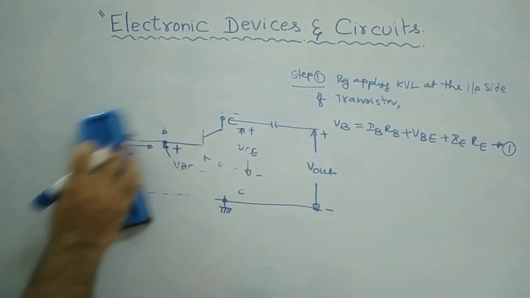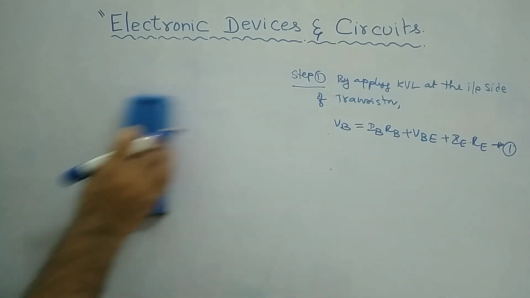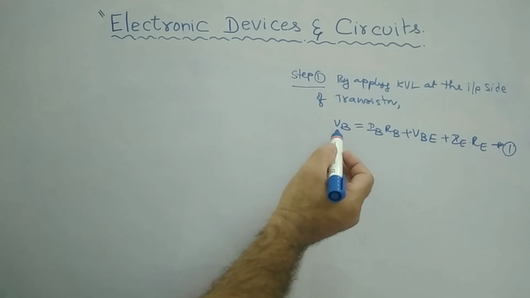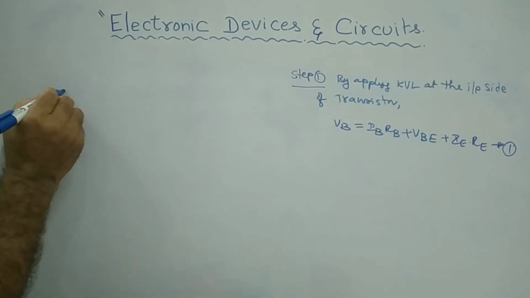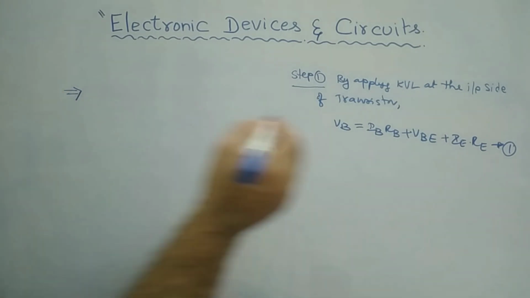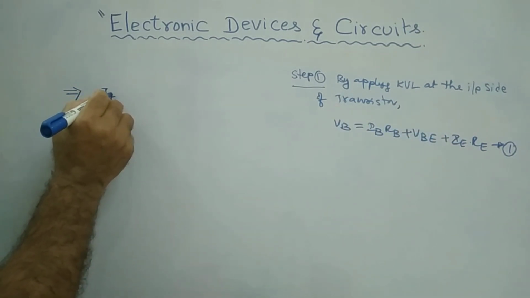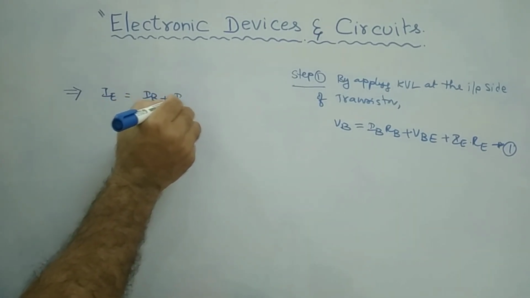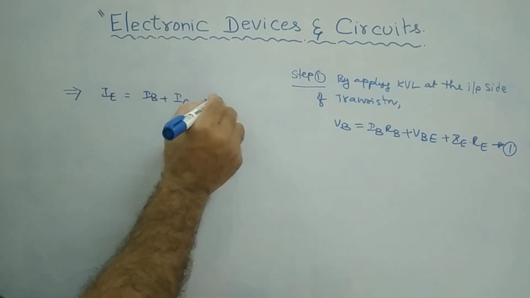Now this is a very important equation that we need: VB is equal to IB RB plus VBE plus IE RE. Remember that in common emitter configuration, IE is the sum of IB plus IC. Always remember, it is the sum of these two. Therefore, this you can call equation number 2.